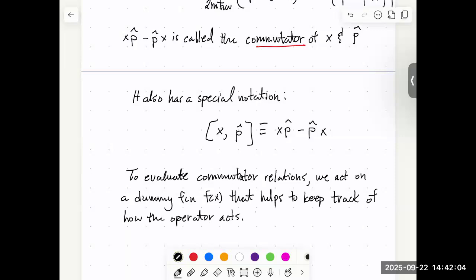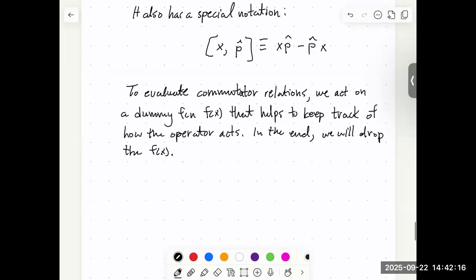In the end, we will just drop the f of x dummy function. We'll show you an example so you can see exactly what I'm talking about.